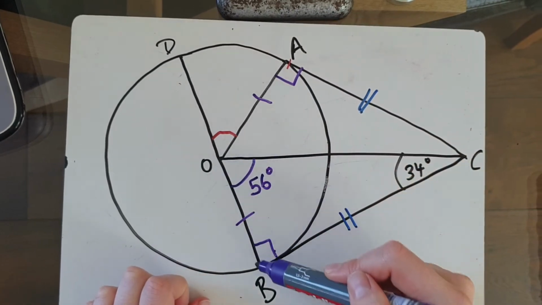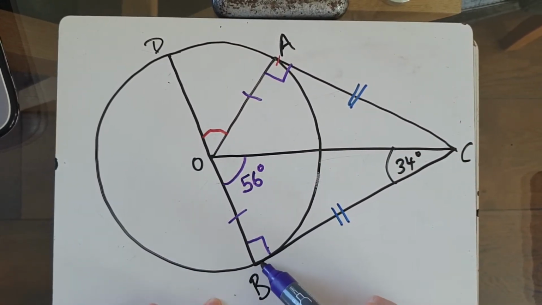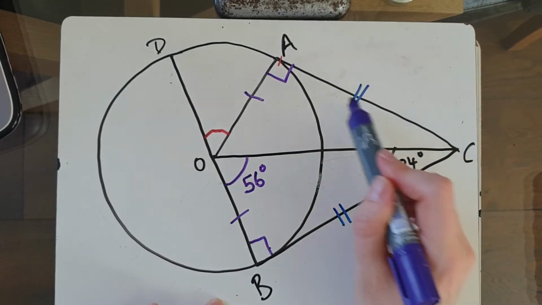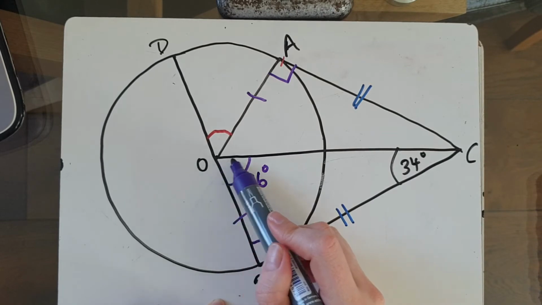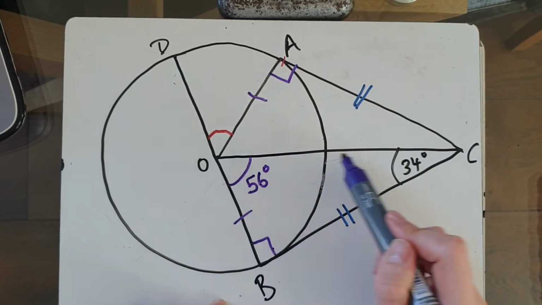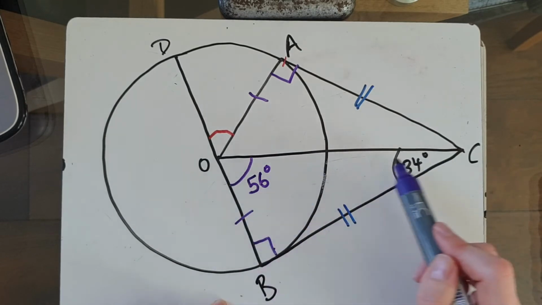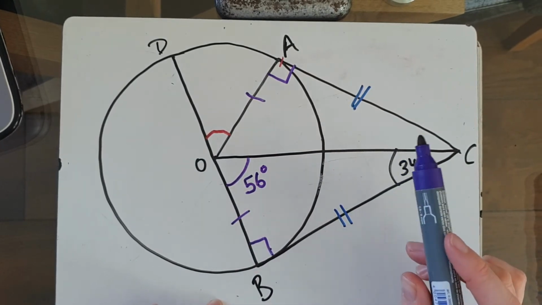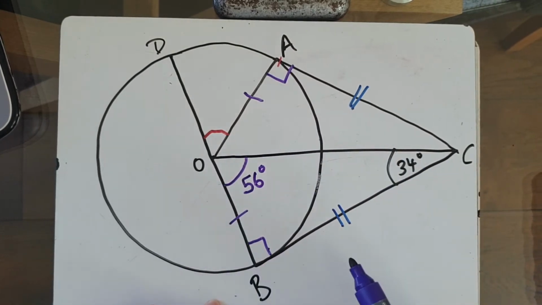This one is the same as this one because they're both radius. Tangents which meet at a point are the same length. So this one is the same length as this one. And then they share this hypotenuse here. So those must be the same as well because it's the same length. So these are actually congruent triangles because they've got three sides the same as each other.